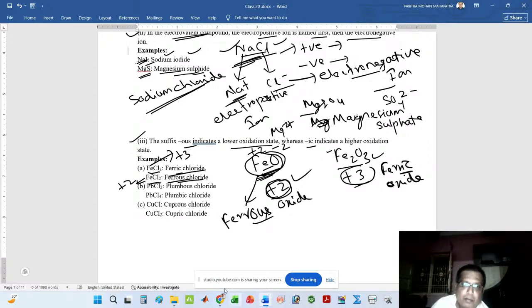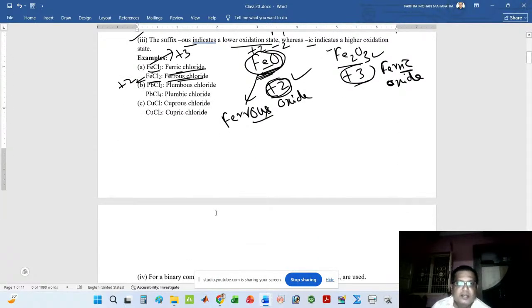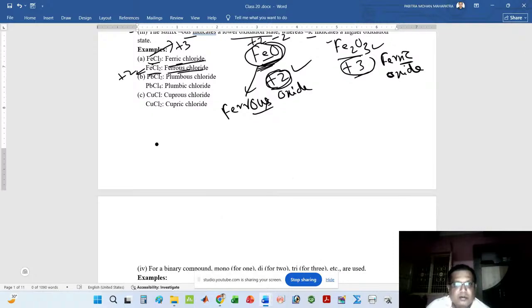Similarly, you think about plumbous and plumbic. If you think about PbCl2, in PbCl2, lead, that is your Pb, carries plus 2 oxidation state. But if you think about PbCl4, then Pb carries plus 4 oxidation state. Among plus 2 and plus 4, plus 2 is the lowest oxidation state.